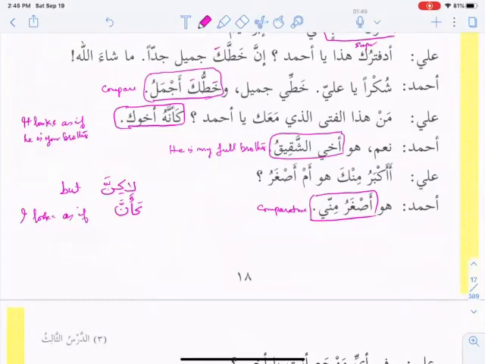Inna, akhwatu inna. Inna is the main head, and total, including inna, there are 6. So we learn inna, and then anna, and then lakinna, and then ka'anna.